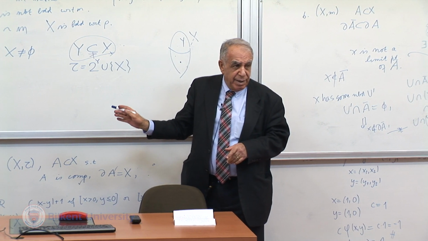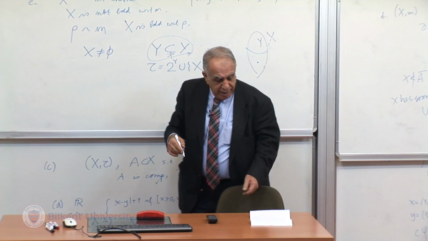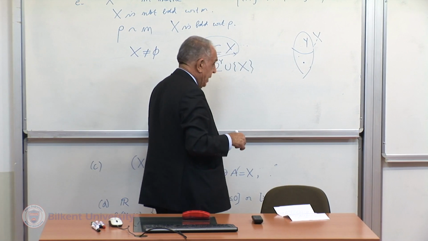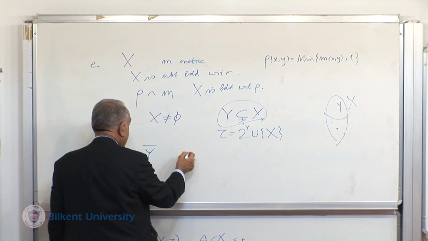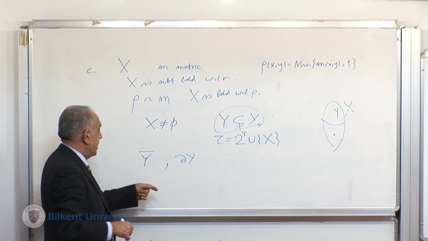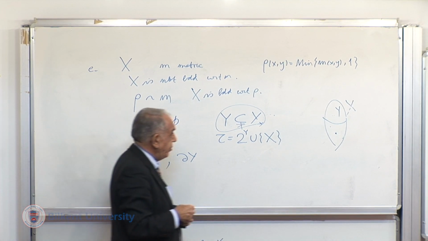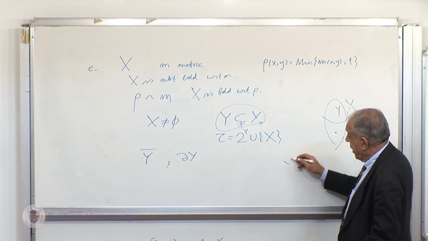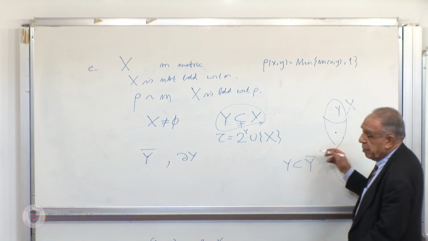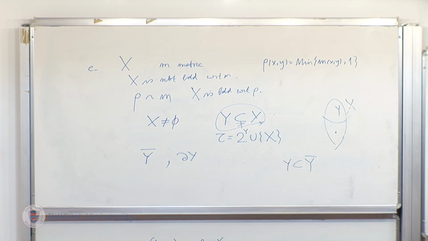Okay? So any example will do for that case, but of course, you have to show that it is so. Any questions here? Okay. Now, part C, find the closure of Y, Y bar, and this. Well, if something is in Y, that will be in Y closure. So consider something not in Y. Will that be a limit point of Y?